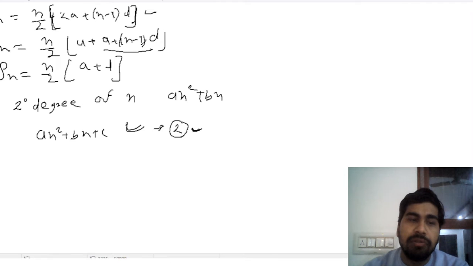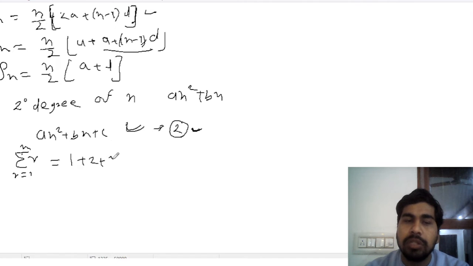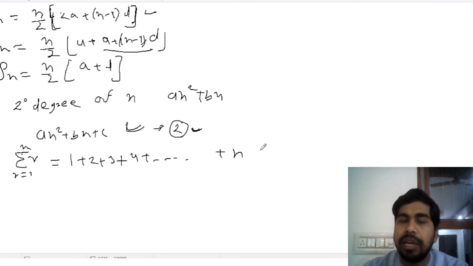Now we derive some basic concepts, like the summation of the first n natural numbers. This is sigma of r, r equal to 1 to n, which is 1 plus 2 plus 3 plus 4 and so on up to n.